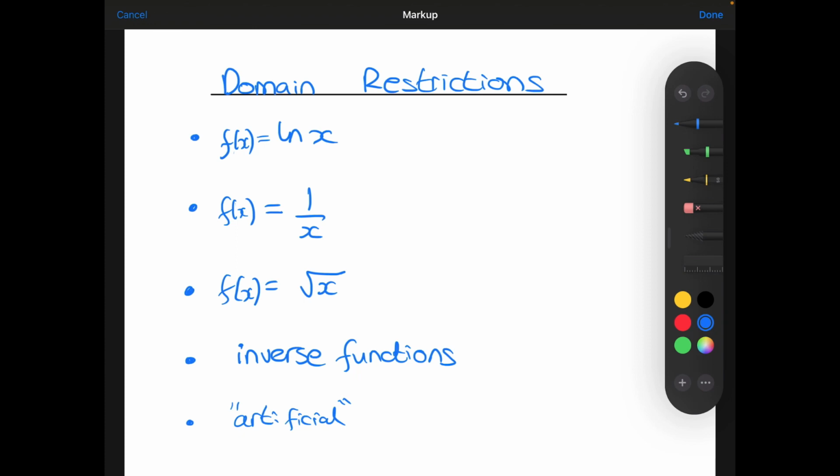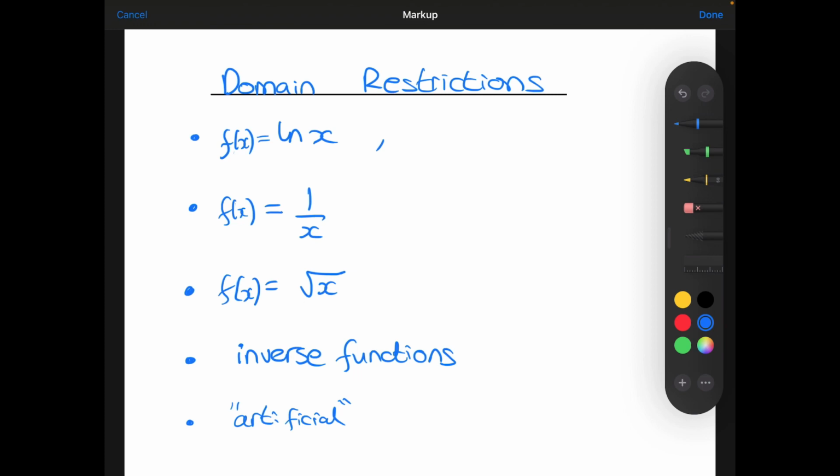Therefore, the way I've written this right now, this is not a function because I can't substitute every x value into it. But what I can do is restrict the domain, so restrict which x values I can substitute into this so that it does become a function.